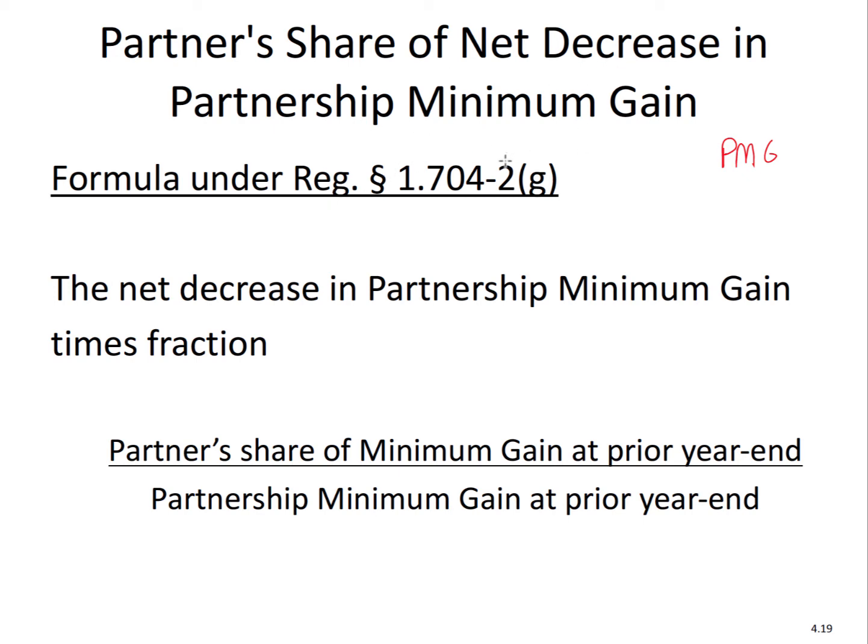Sorry, this gets wordy. A partner's share of the net decrease equals the net decrease in the partnership minimum gain, so we're looking at the overall decrease in the PMG, times this fraction: the partner's share of minimum gain at prior year end over the partnership minimum gain at prior year end. So you're basically getting that percentage. That is the portion that the partner is responsible for.